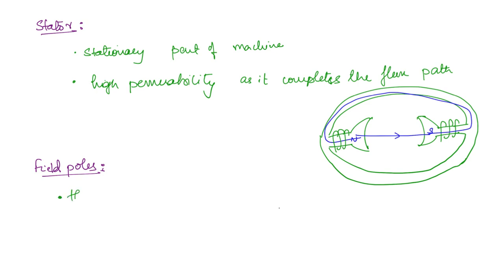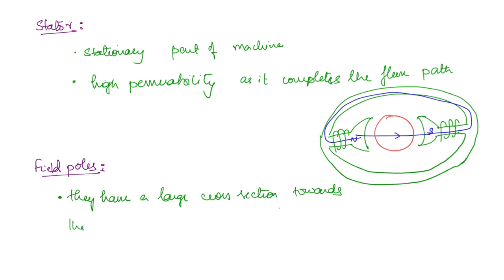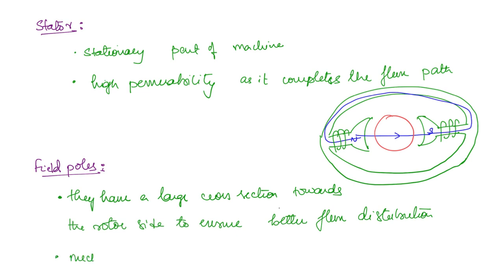So you can write, they have a large cross section towards the rotor side, to ensure better flux distribution. And they also act as a mechanical support to the field coils.